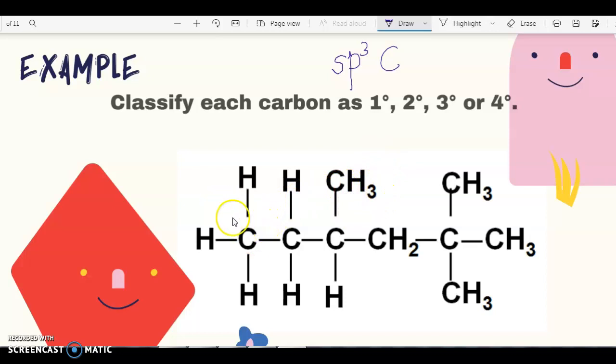Okay, so first, CH3, the first carbon has 3 hydrogens, so that means it is primary. Usually the carbon at the very end is a primary carbon.